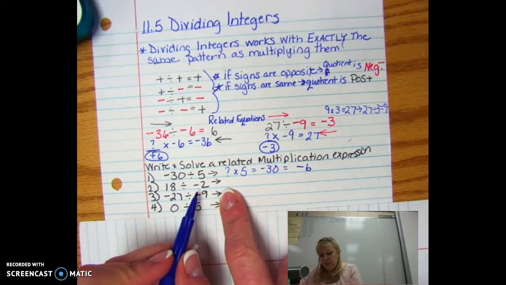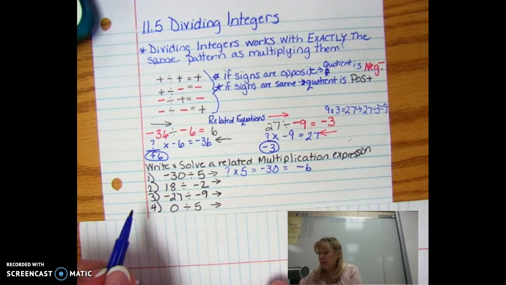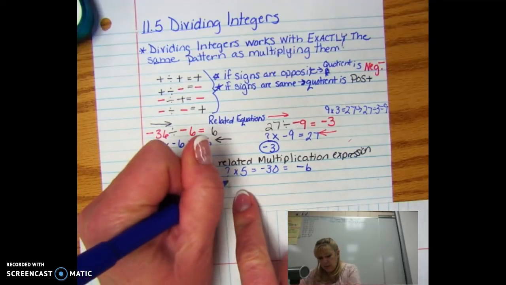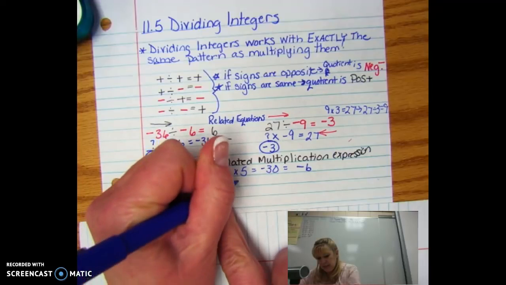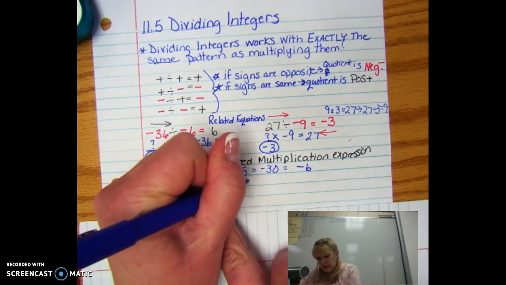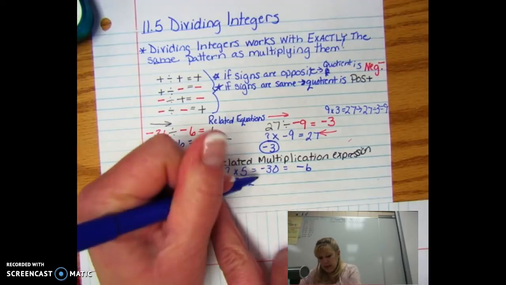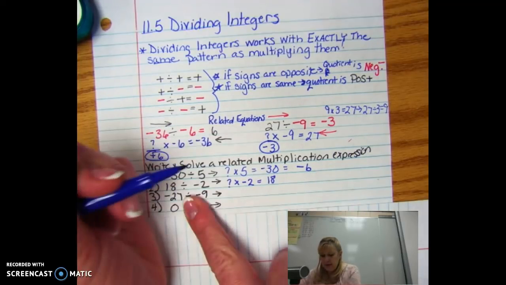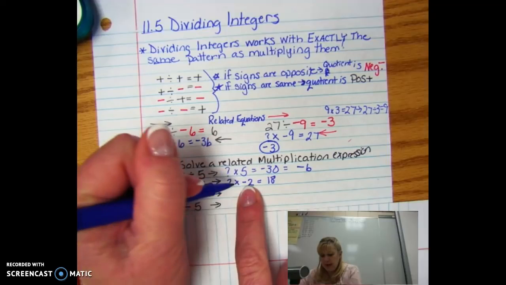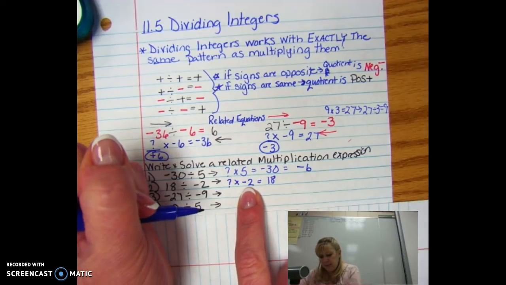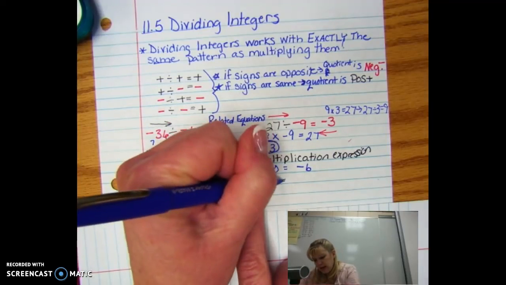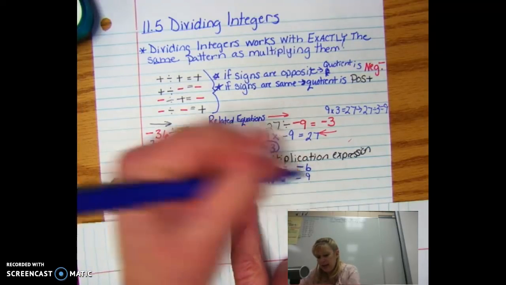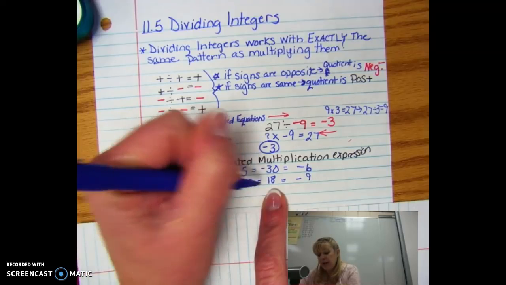18 divided by negative 2 equals something. Let's write the related expression first. So we're going to start over here with the question mark times a negative 2 equals 18. Well, I know that for it to be positive, these signs have to be the same. So I know that it has to be a negative and it has to be a 9. Negative 9 times negative 2 would be a positive 18.